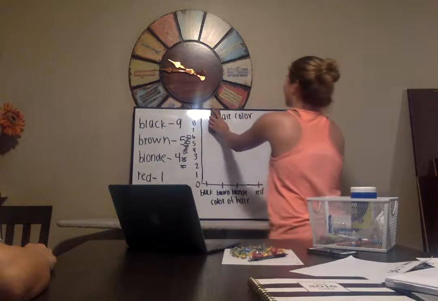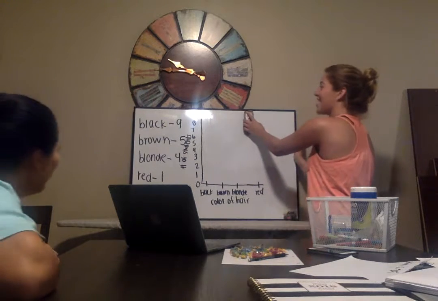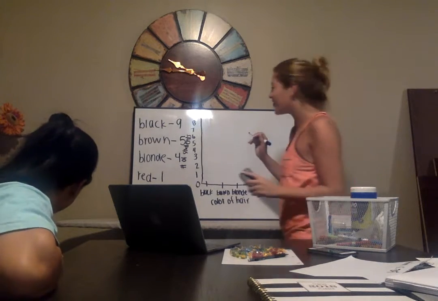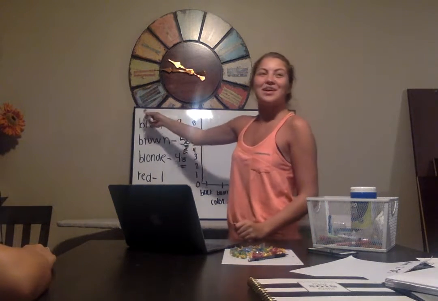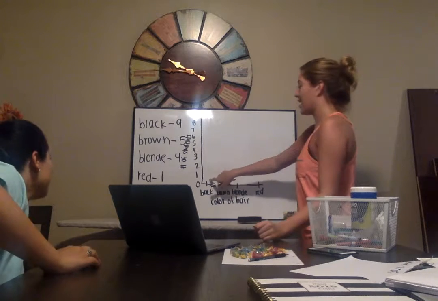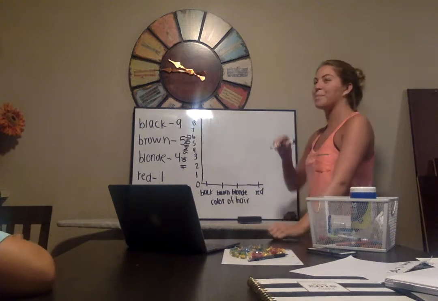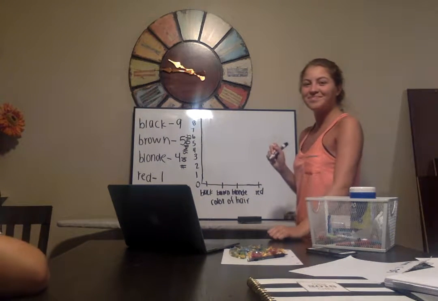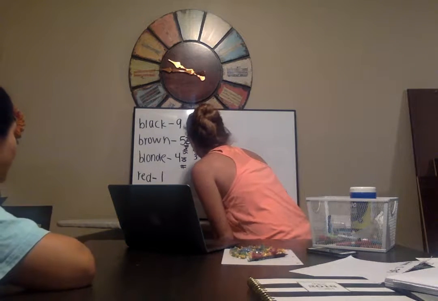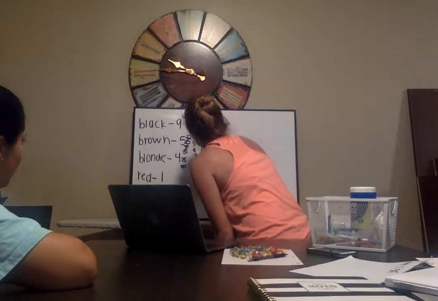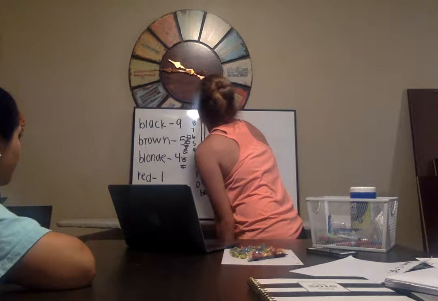So I'm going to erase the hair color title for now because we don't have room in this case. But we're going to start with black. So how many students have black hair? 9. Very good. So we are going to draw our bar straight up all the way to 9.